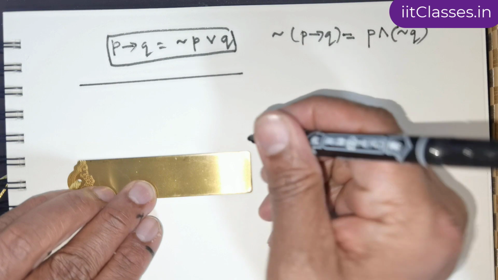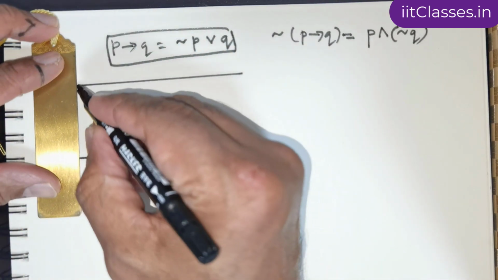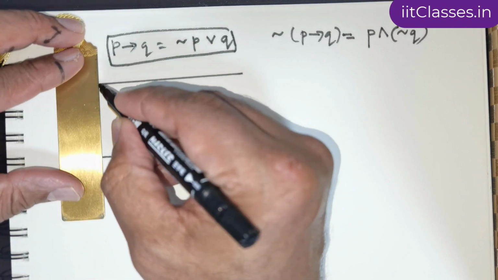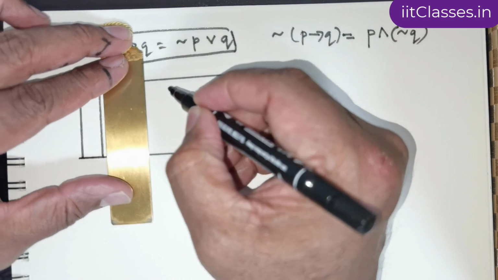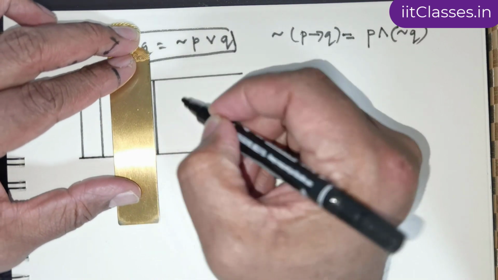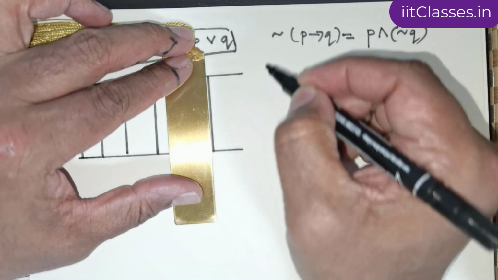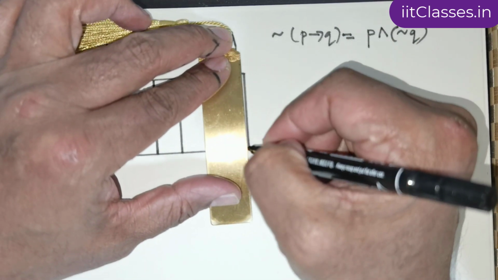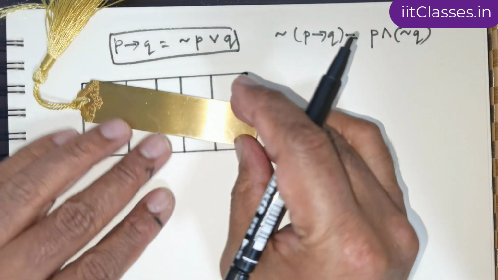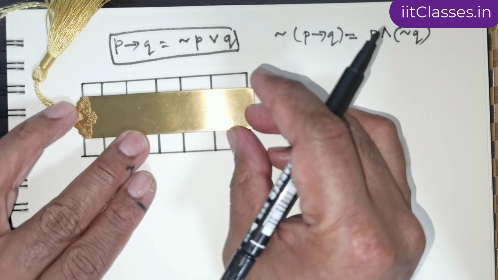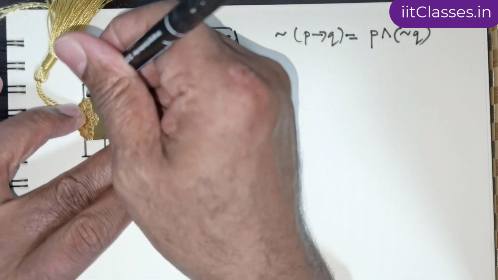I hope this would be sufficient. So I need to have a P and then a Q, and then negation of P, negation of Q, and then P conditional Q, and finally the disjunction. So let me draw the heading.